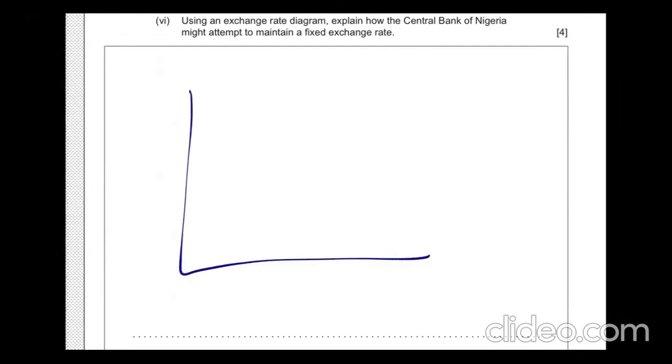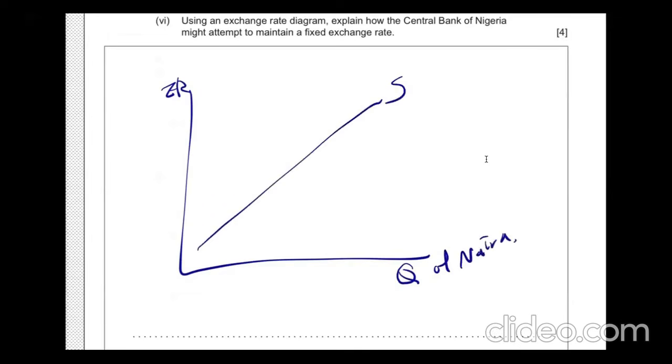Okay, so it's the ER and the Q of Naira, and suppliers are the domestic Nigerians, and this one is the foreign demand. And then this is the current value, ER1, but it wants to bring the value back to the previous level, which means it has to increase the value of Naira.